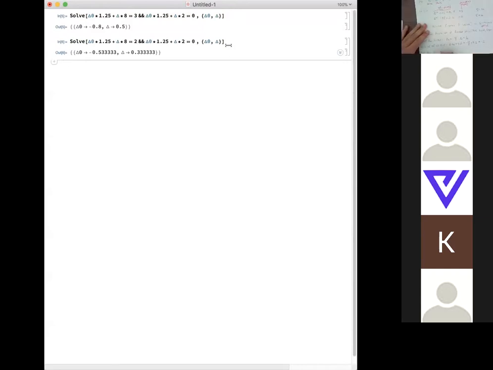It's going to give me delta 0 is equal to minus 0.533, and delta is equal to 0.33. Right, and so how do we get the price? We're going to get the price by saying how much does it cost to buy this many units in the bank. So it's this thing times 1 plus, and then you have to buy a third of the share of the stock, and the stock price was 4.